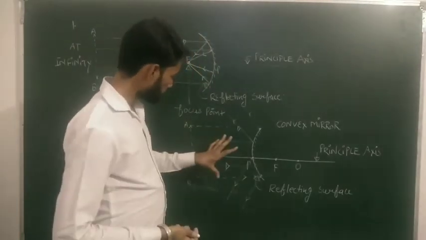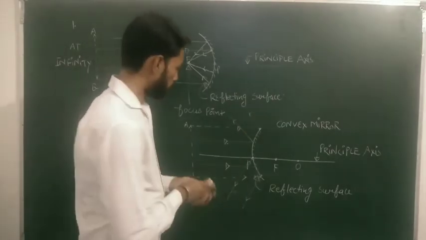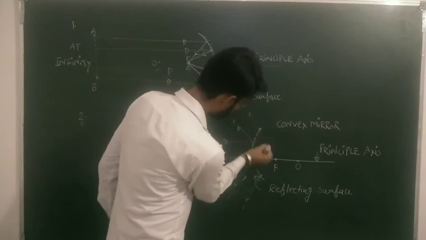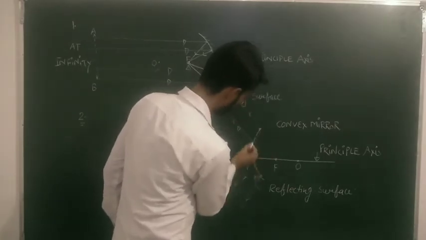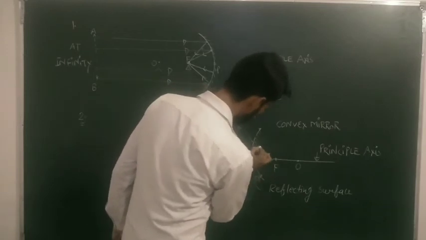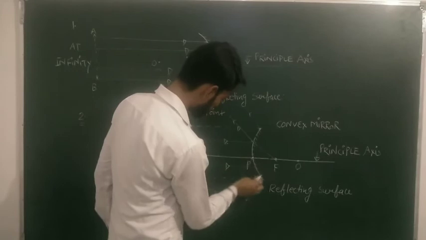So all rays are spread out. But we see they virtually meet at a point. They do not actually meet. They virtually meet at a point.